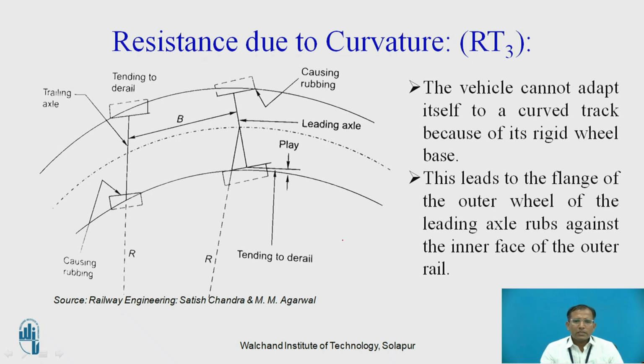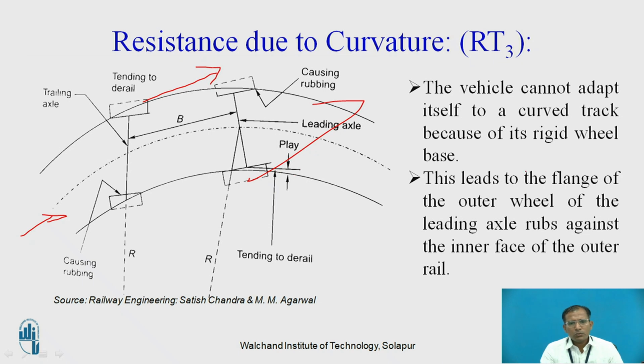Now, you can think that due to the rigidity of the vehicle wheelbase, the vehicle cannot adapt itself to a curved track, because the vehicle is coming from straight track and suddenly you introduce a curvature like a 2-degree curve or 3-degree curve. Still the vehicle has movement in the forward direction only. Now you are going to turn with a certain radius or degree.